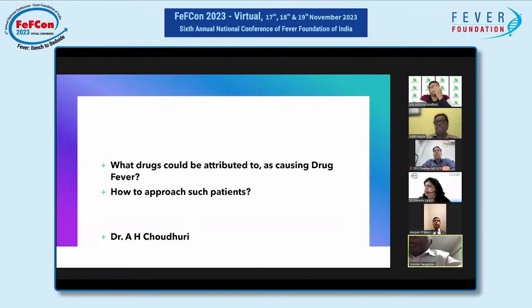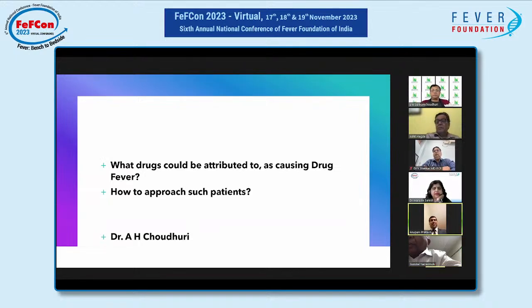Sjogren syndrome can present as fever, as can autoimmune lymphadenitis, lupus, Kikuchi lymphadenitis, autoimmune hepatitis, and vasculitis. In rheumatoid arthritis and psoriatic arthritis, whenever there is fever, we have to suspect infection. Drugs in rheumatology, methotrexate, sulfasalazine, and tofacitinib, JAK inhibitors, can cause fever.